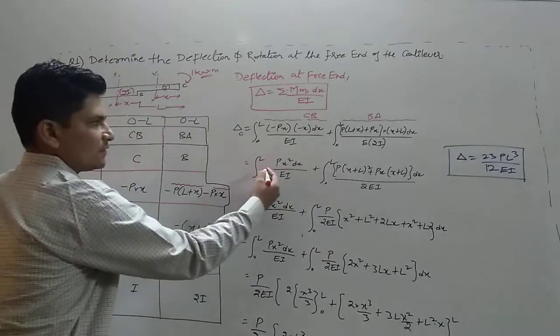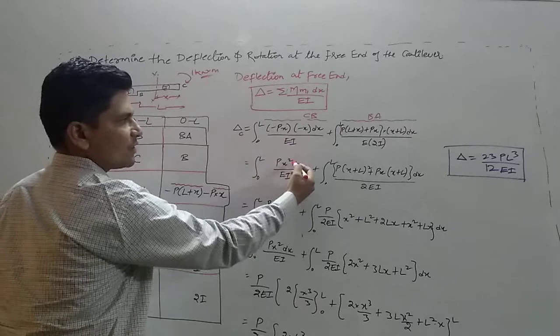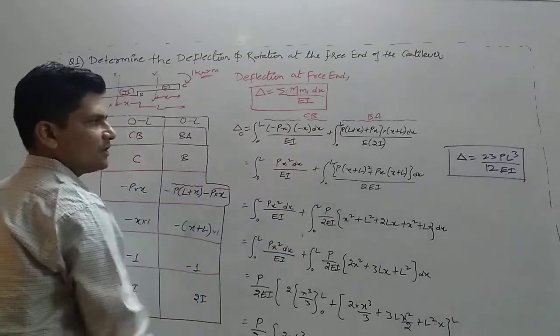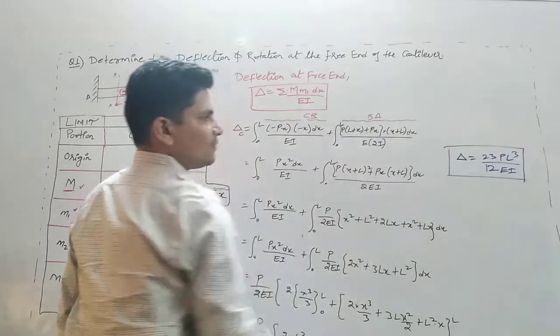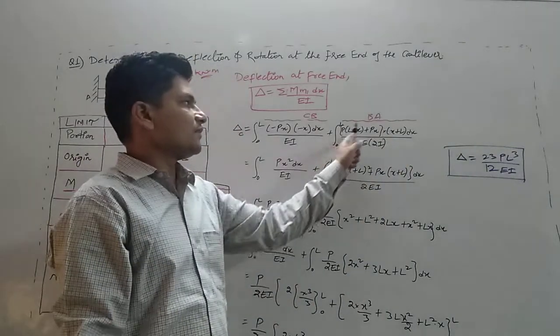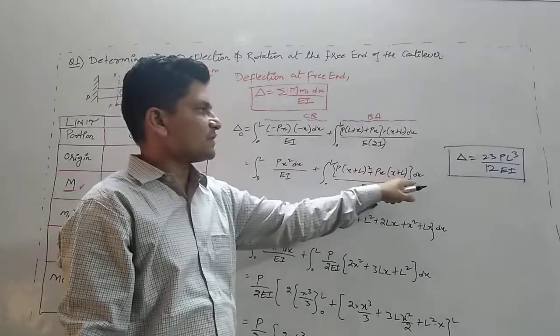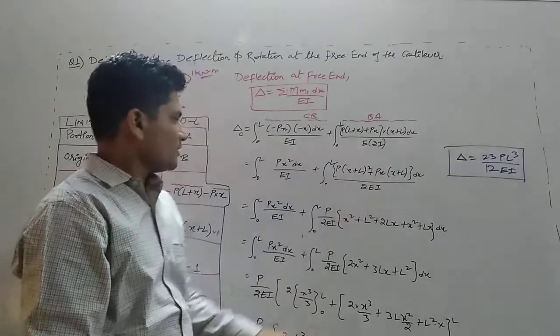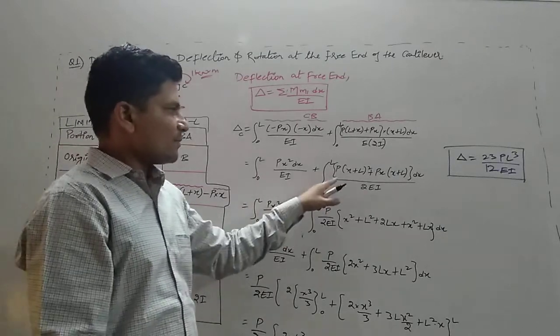Now simplify it. Minus minus is plus, so we get P x square dx upon EI, plus the integral from 0 to L of P times x plus L whole square plus P x into x plus L, dx upon 2EI.